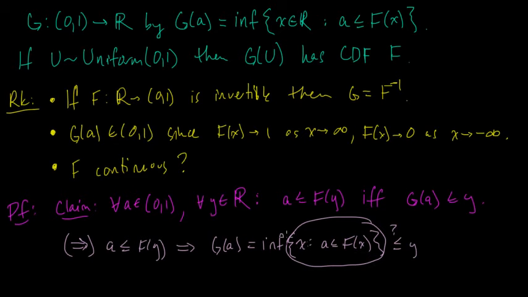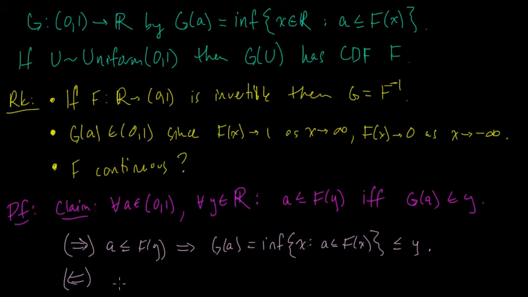So y is in this set, and therefore the infimum over all the elements of that set must be less or equal to y. So we have this is less or equal to y. And that's exactly what we wanted to prove.